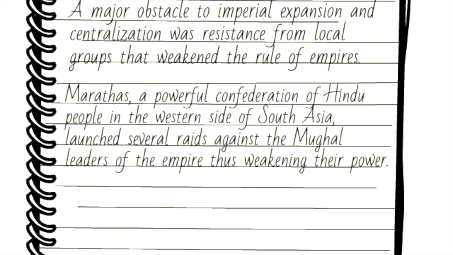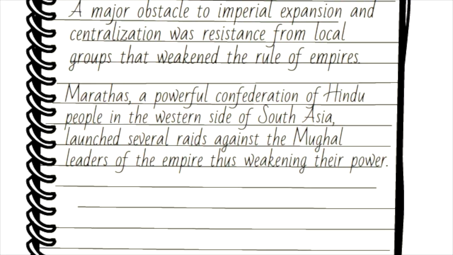It's got to land back on that page, and it should read as a complete sentence from left to right on those appositive connections. So Marathas, a powerful confederation of Hindu people on the western side of South Asia, launched several raids against the Mughal leaders of the empire, thus weakening their power. So there we go. We've given some evidence that supports that claim.